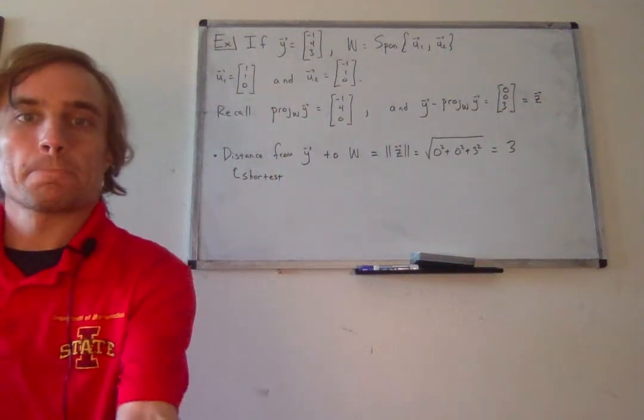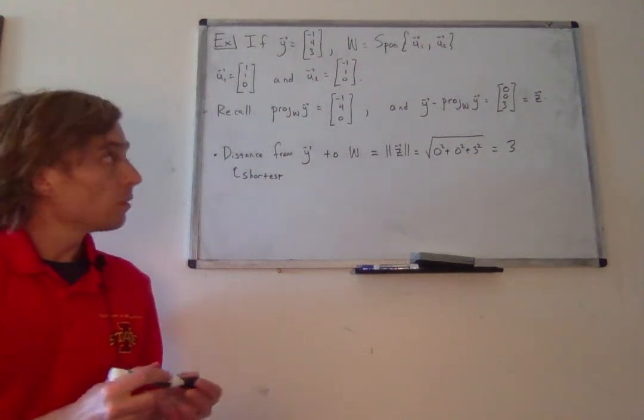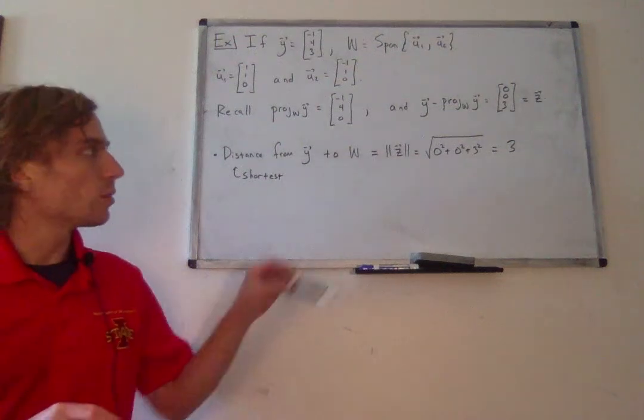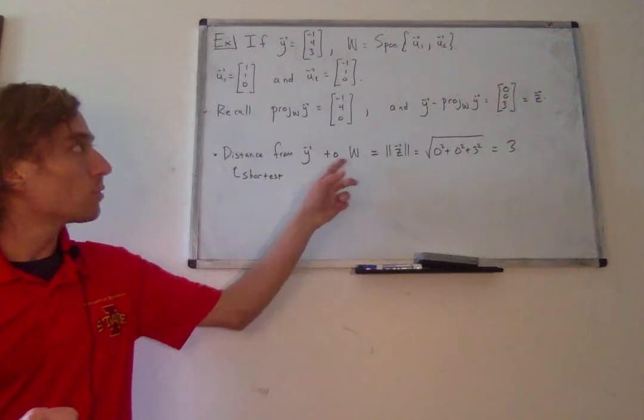And so this is one of the few examples where I might have been able to tell you this. I think this example gives a nice intuitive idea about exactly what's going on.